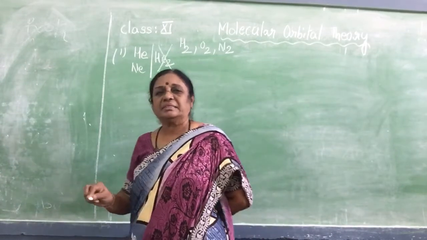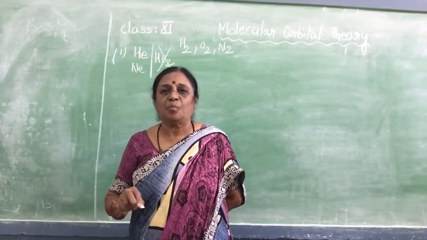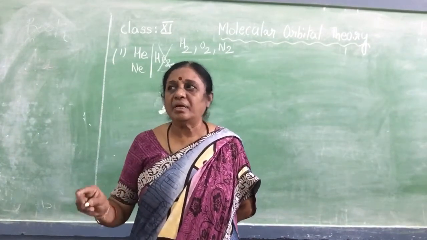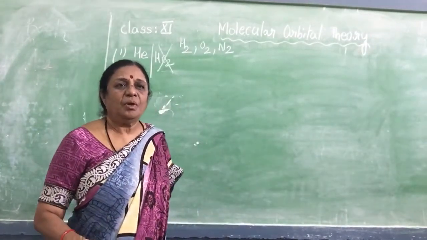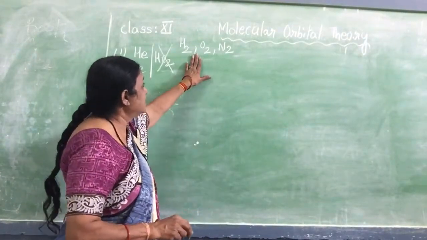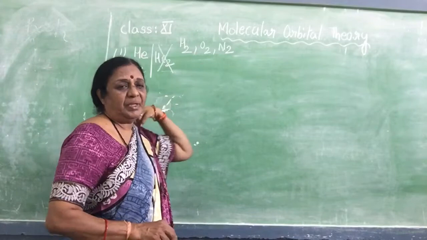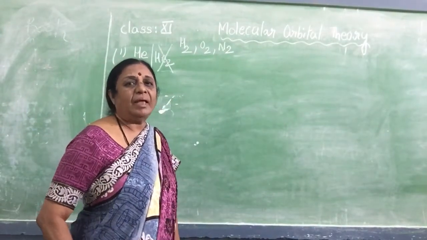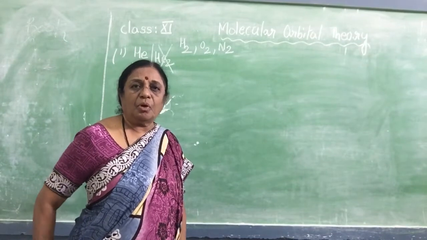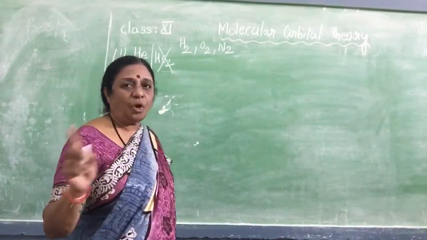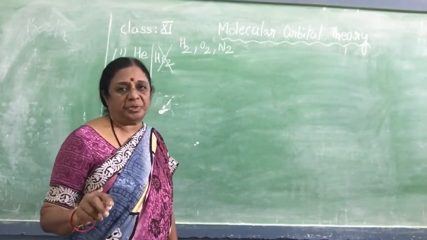Why do all the inert gases exist in the monoatomic state, but the other gases exist in the diatomic state? Then you approach the valency bond theory. Valency bond theory did not answer the question. Okay, that is the drawback of the valency bond theory.